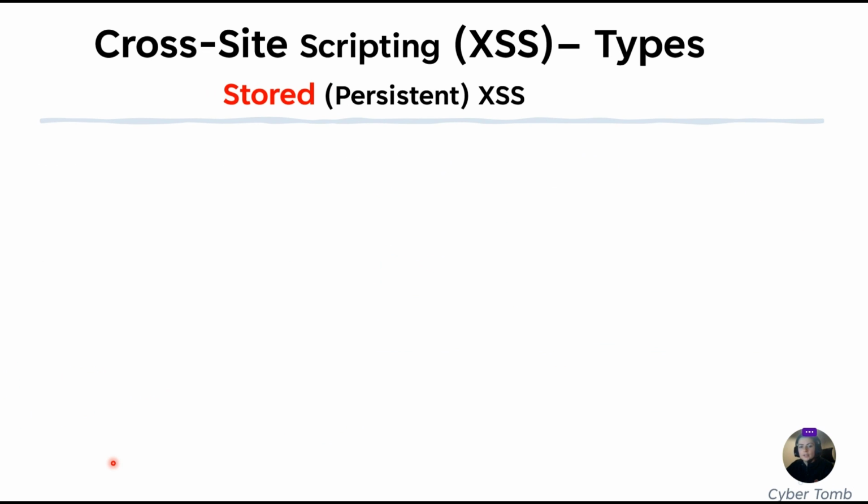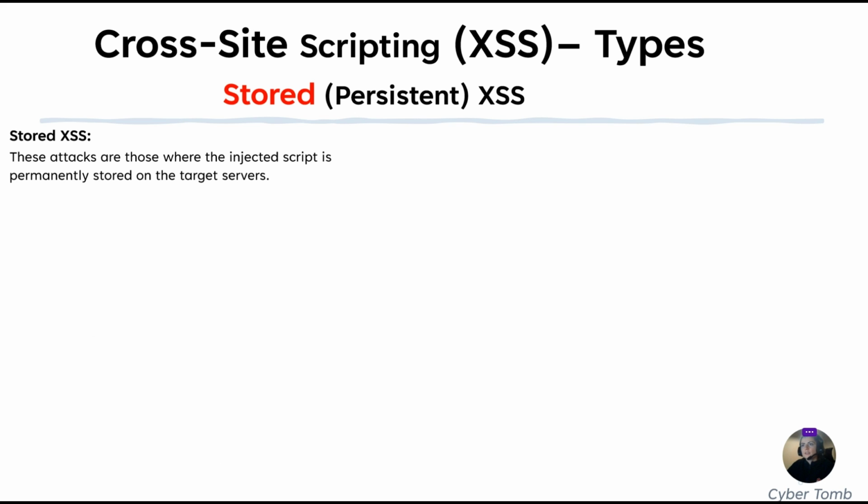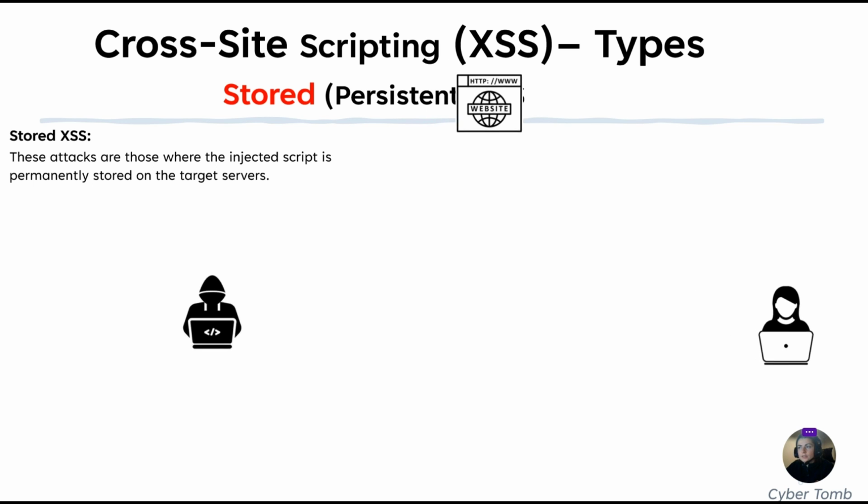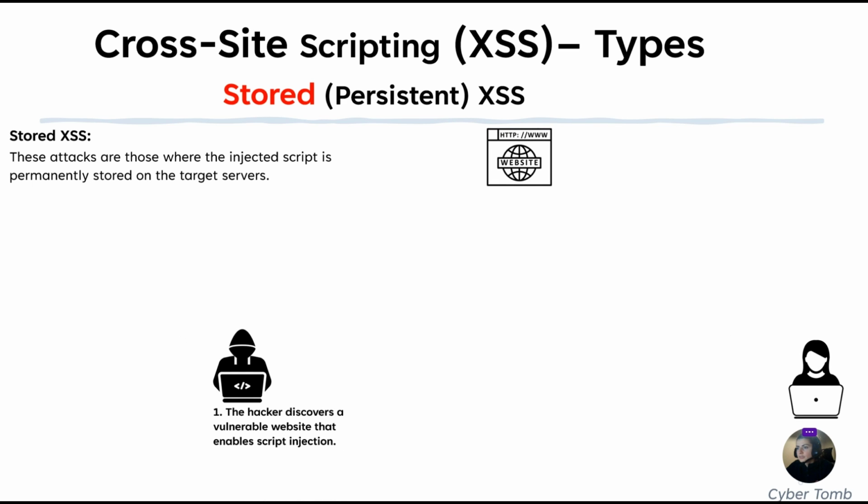Okay, all right, and this slide is in regards to stored or persistent cross-site scripting. Let's see how this works. These attacks are those where the injected script is permanently stored on the target servers. And on purpose, I'll be giving you the same examples as the reflected one. So the hacker discovered a vulnerable website that enables a script injection.